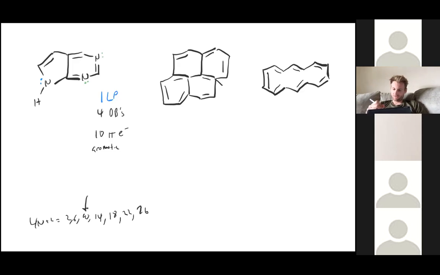The next one we have 1, 2, 3, 4, 5, 6, 7, 8 double bonds. This is going to give us 16 pi electrons, which would be over in our anti-aromatic.